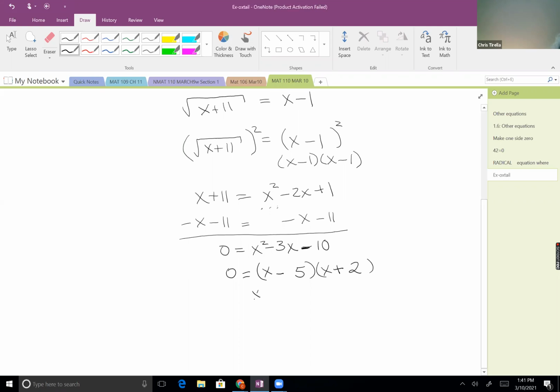So now I'm going to set each factor to 0. And I get x equals 5, or x equals -2.